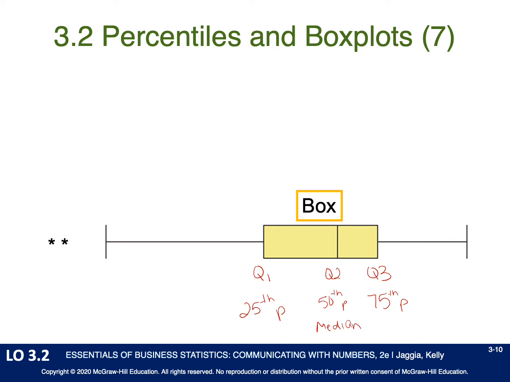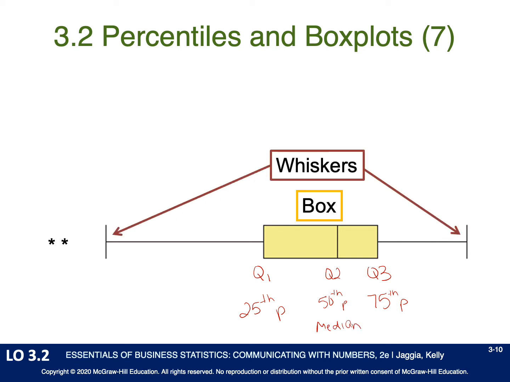Now, we draw these whiskers out to the side. The whiskers help us to determine if there are outliers. We're going to look on the next page at how to calculate the whiskers, but just know that the whiskers help us determine if there are any outliers. If there are any observations that lie outside of the whiskers, like these do, then we would identify those as outliers.